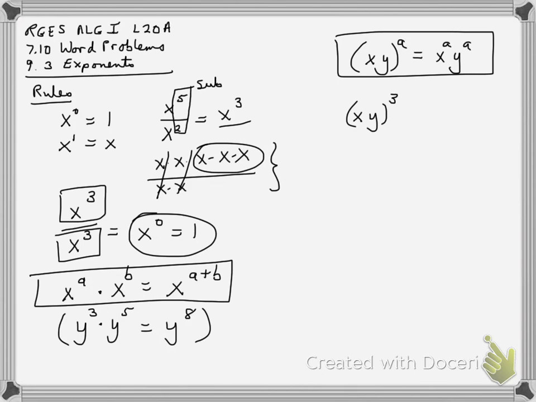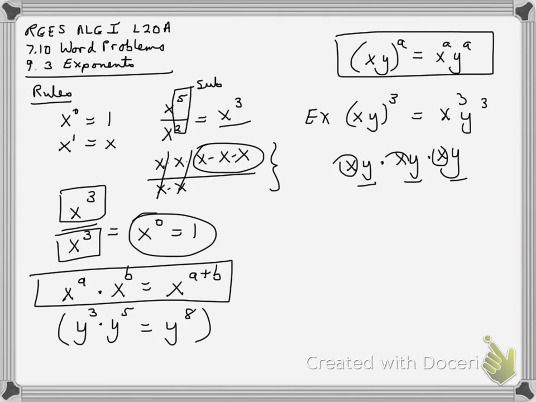All right, so I have x times y, that would be the first, times x times y, the second time, times x times y, the 3rd time. Well, how many x's do I have there? 3. And how many y's do I have there? 3.